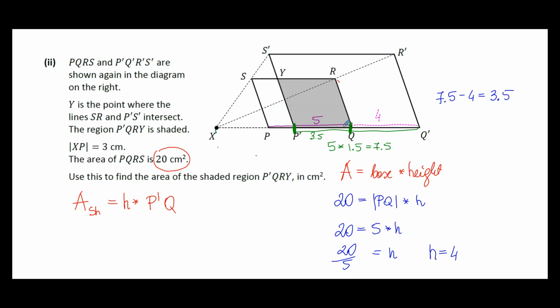We took the PQ, 5, that we calculated before, multiplied by the scale factor, we got 7.5, and then from 7.5 we took 4, we got 3.5. So there it is. Now I have all my information. I know the height is 4. I know that the missing part is 3.5. I put that in the calculator and I get that the area of that shaded region is 14. Now, that's not the only way to solve that. You can solve that in other ways, but that is actually a pretty short and easy way to solve this question.